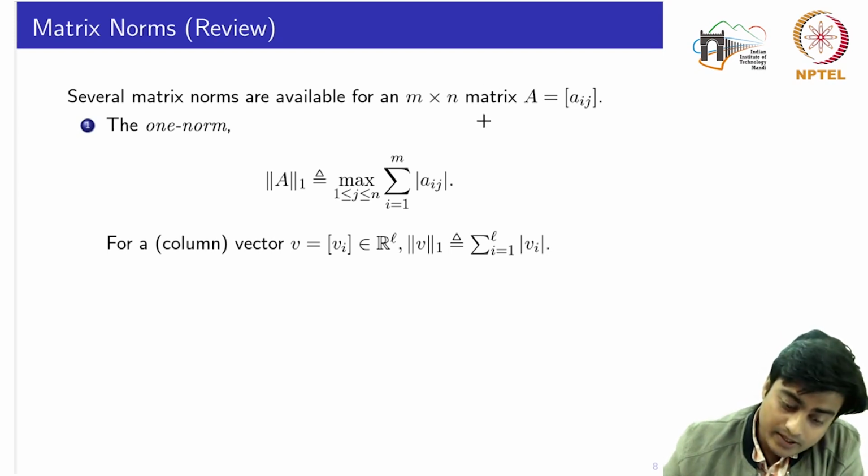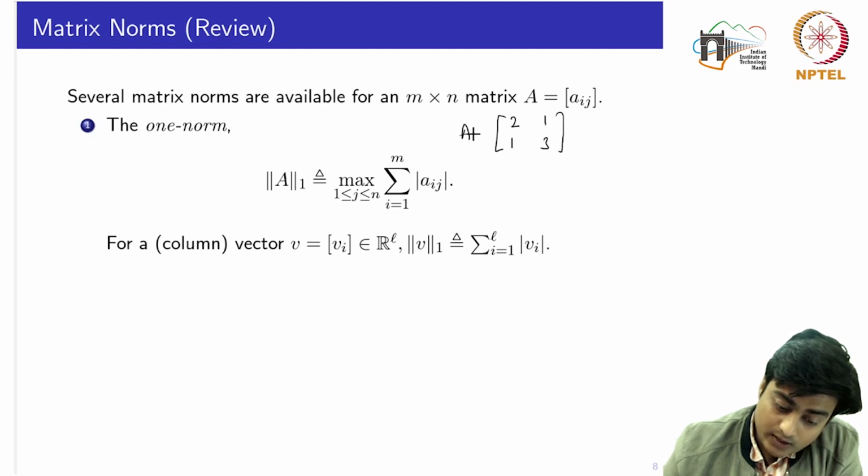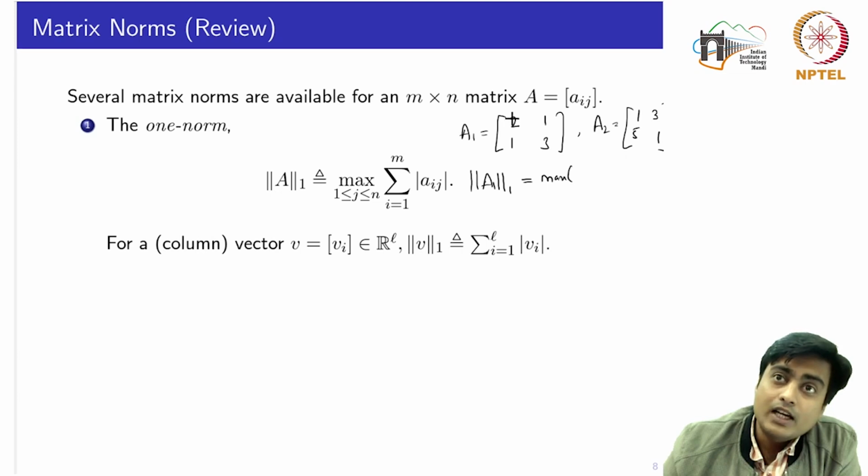Say for example, let's say I have two matrices, 2 1 1 3, let's call it A1, and another matrix A2 with rows 3 5 and so on. If I want to compute the one norm of this matrix A1, it would be given by the maximum of the sums along the columns.